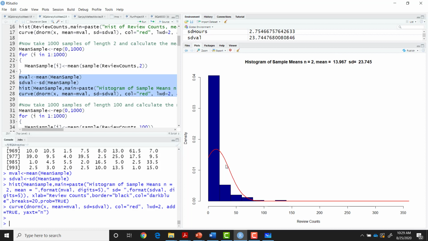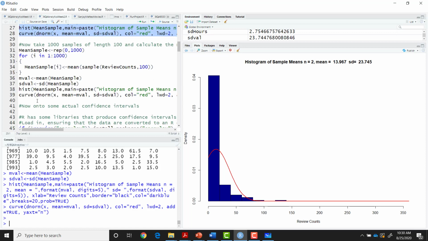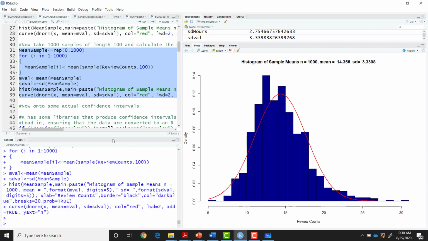Now see what happens with a sample of size 100. I won't go through it again, I'm doing exactly the same, but we're taking samples of 100. Basically 100 reviews, calculate the mean, 100 reviews, calculate the mean. And now, aha, it almost looks like a normal distribution.